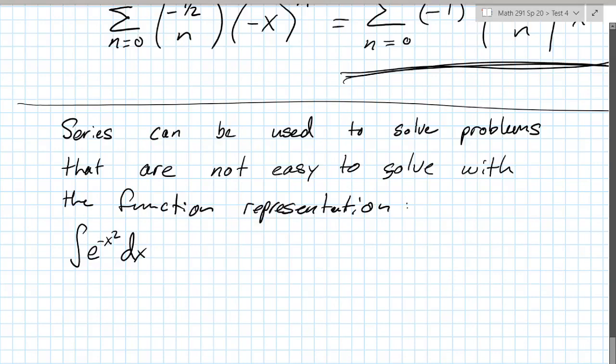We can occasionally use series to answer some problems that are hard to solve using a function representation.